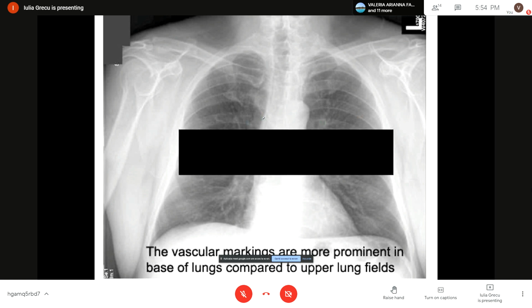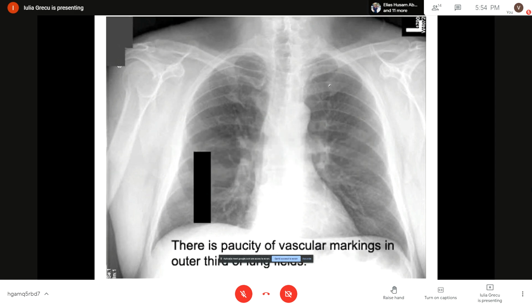This is the difference in the vascular markings that I told you about, much more prominent at the inferior aspect of the lungs compared with the apical regions. This is a normal aspect.